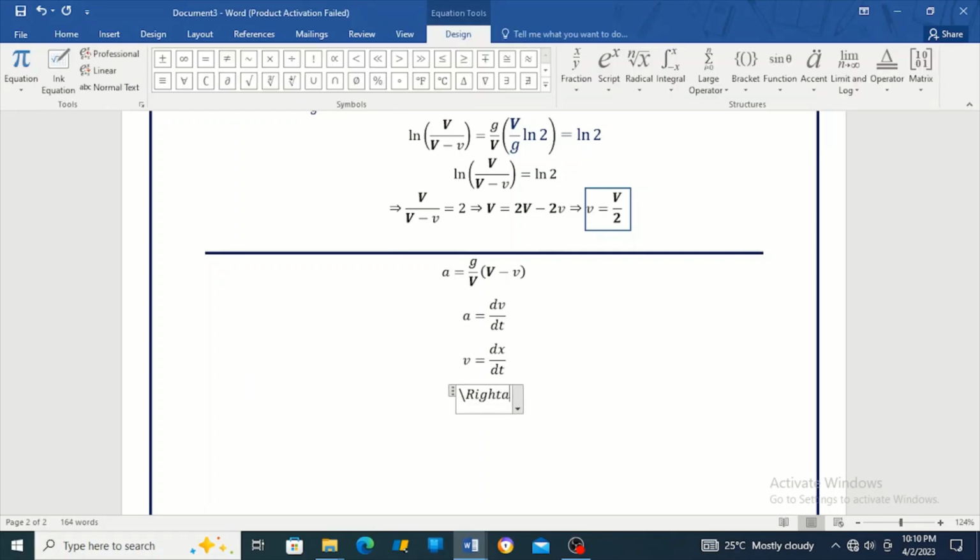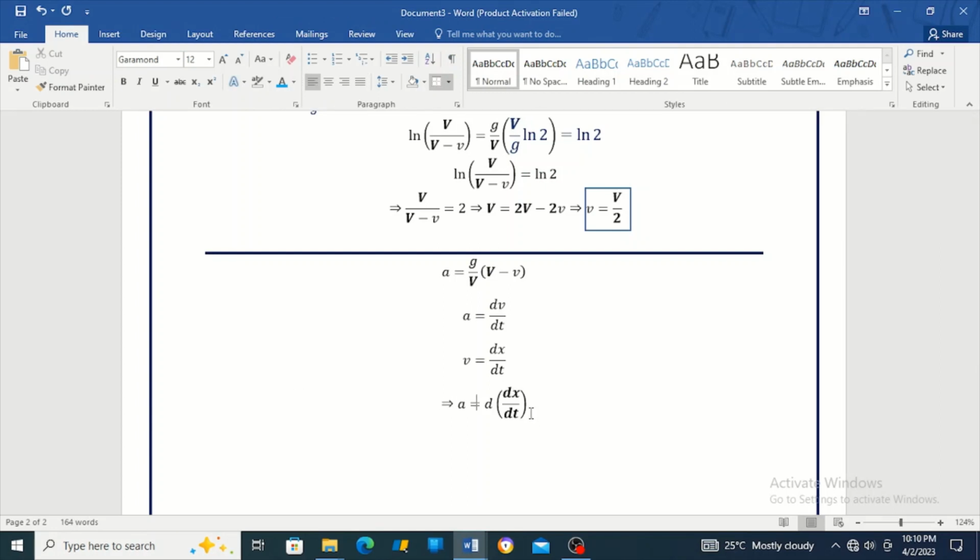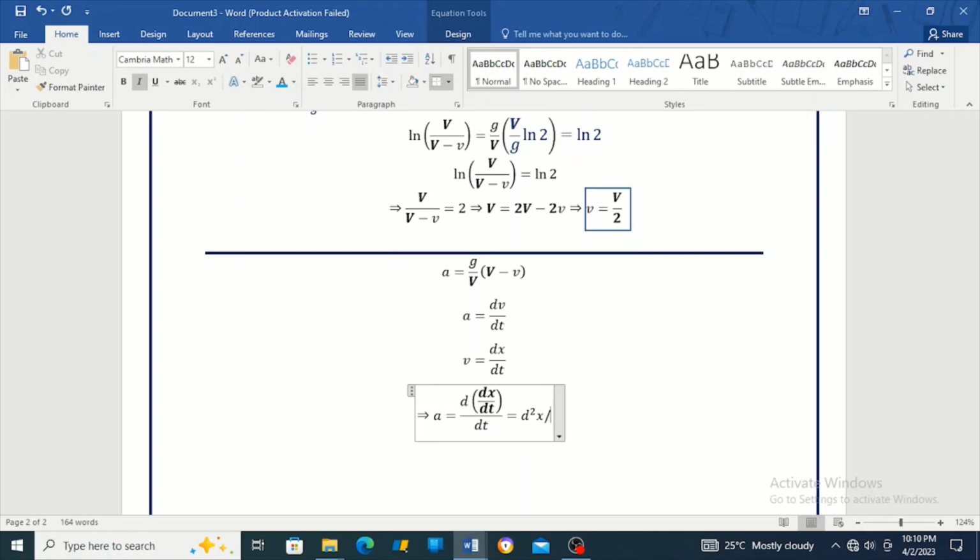We have that our acceleration will be the dv, there will be the d of dx by dt, because this guy here is simply our v. Then we need to divide by dt, which is in the denominator. We divide by dt. So this will give us d squared x by dt squared.